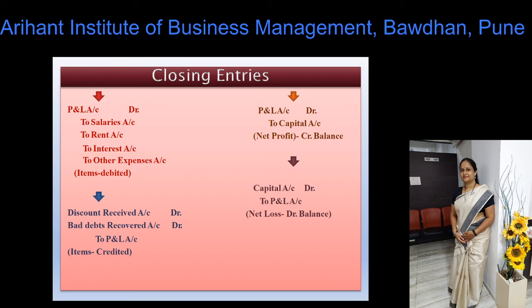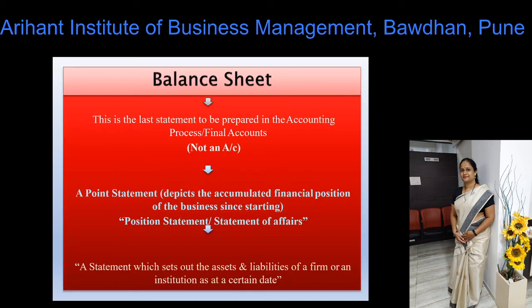You might feel it is a bit confusing, but you need to re-listen to this video and reread all the slides, then you will come to understand. Then profit and loss account debit to capital account. So finally the net profit or net loss, whatever we get, will be transferred to the balance sheet.